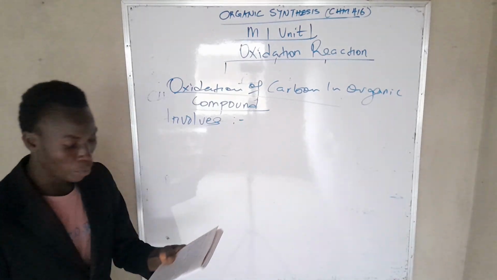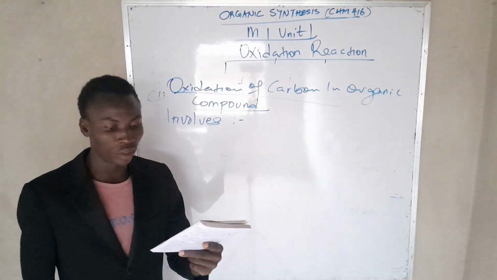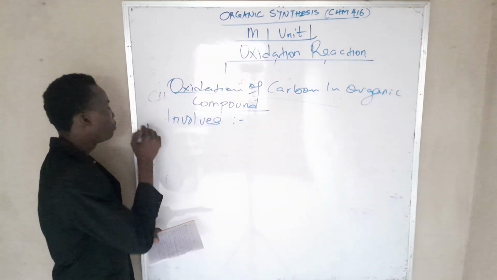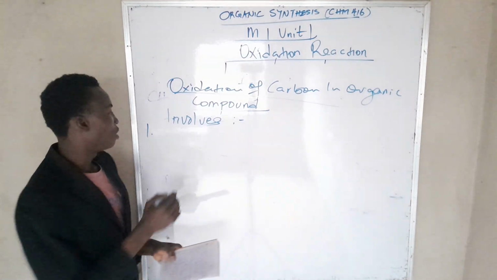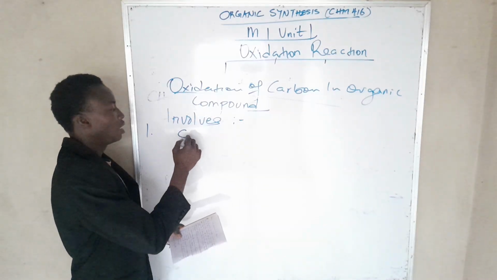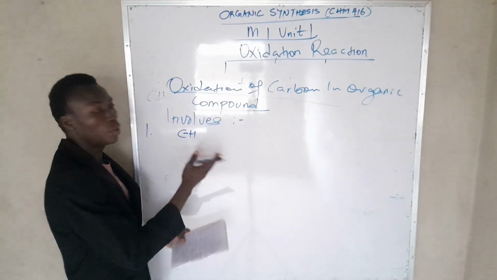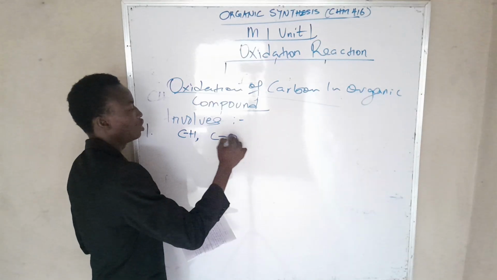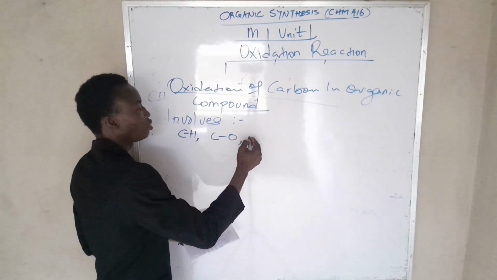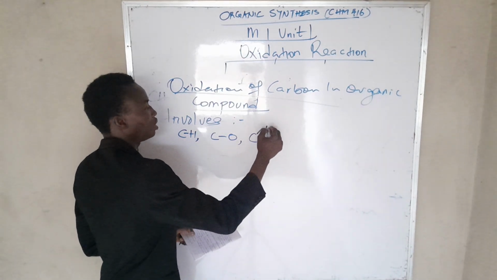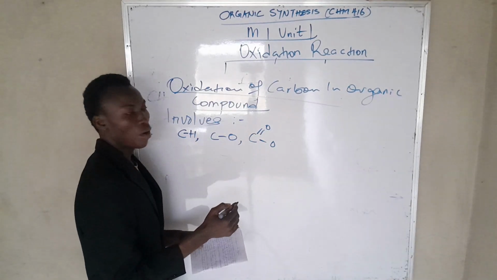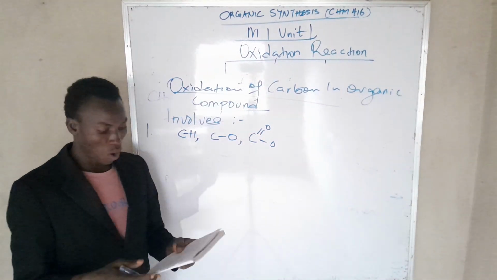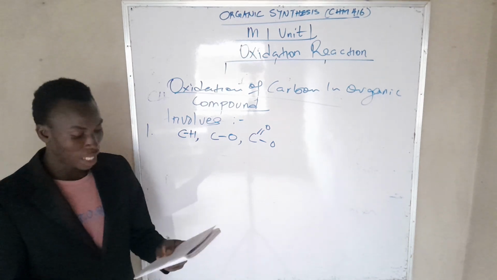Number one, an increase in the multiple bond order of the carbon atom. What does that mean? The multiple bond order of the carbon atom can change from a carbon to hydrogen bond to a carbon to oxygen bond. From there, it can change to more oxygen bonds coming in. This is what is referred to as the multiple bond order of the carbon atom.